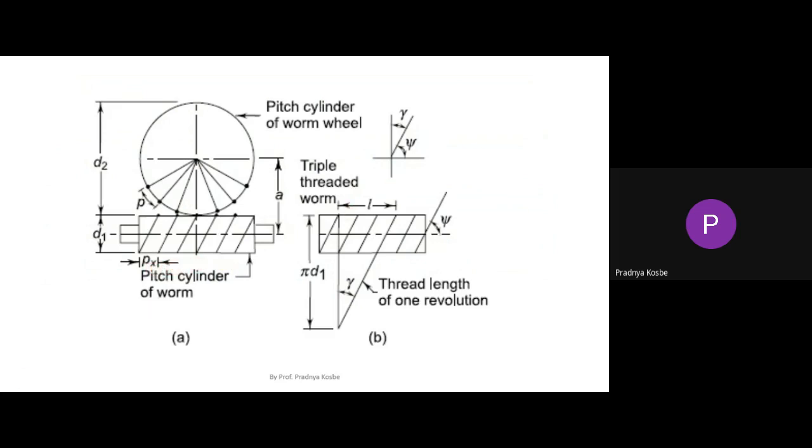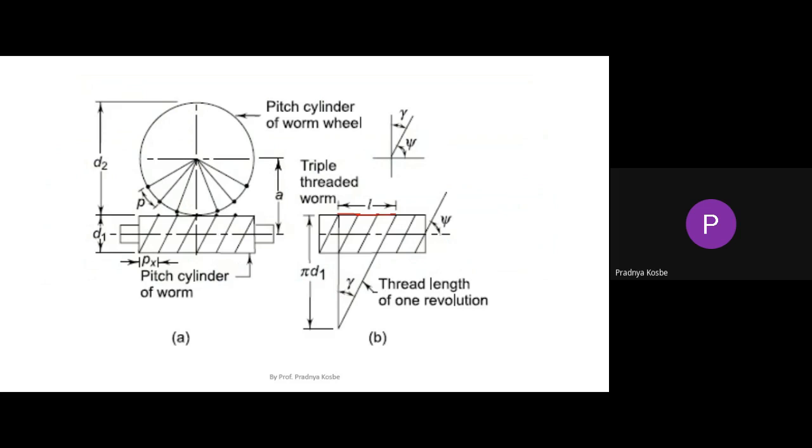You can see in the figure also that this is 1, 2 and this is 3. So it is px, px, px. So L is equal to 3px.